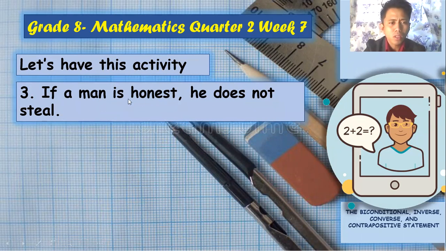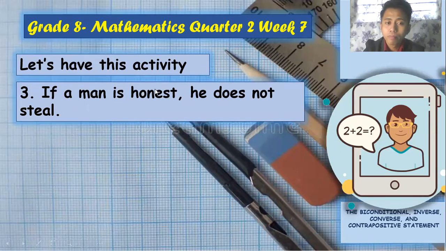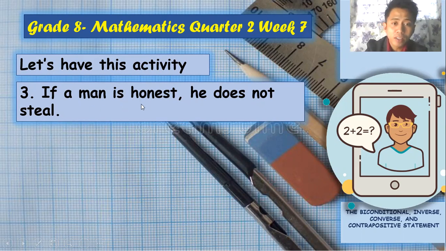But did you know that even though there is no word then here, still this is a conditional statement. Why? Because if a man is honest, what is this? The condition, right? The condition, and then he does not steal is the, do you remember, the hypothesis?